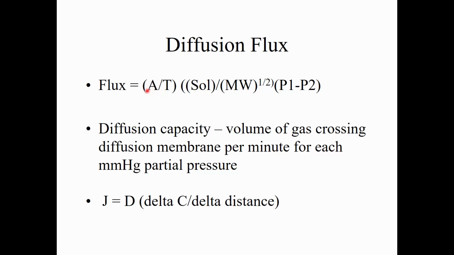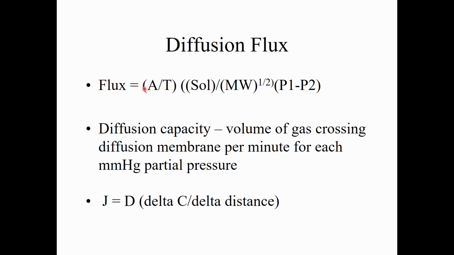So the greater the area, the more diffusion flux, divided by the thickness or the distance. So the farther you have to go, the lower the diffusion flux. The solubility of the gas and the size of the gas. So bigger gases diffuse slower, more soluble gases diffuse faster. And then we have our pressure gradient.